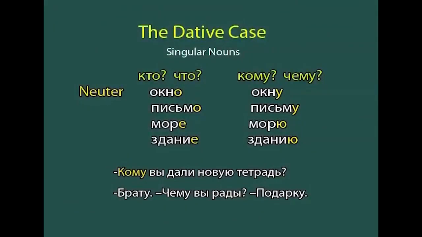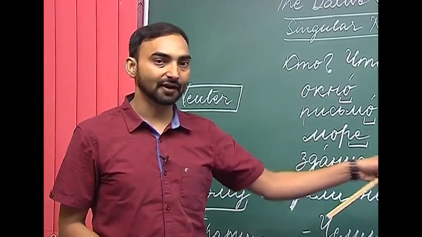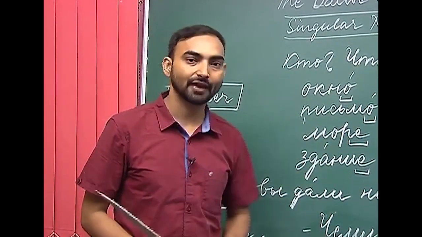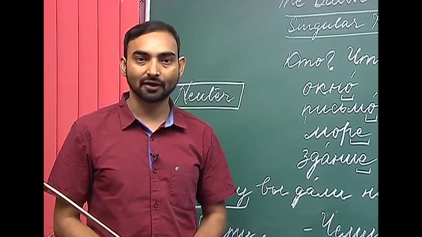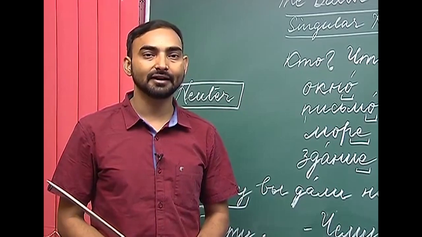So, these are the changes that we make with neuter gender nouns in the dative case. We have now discussed masculine, feminine and neuter gender nouns and their declension in the dative case.